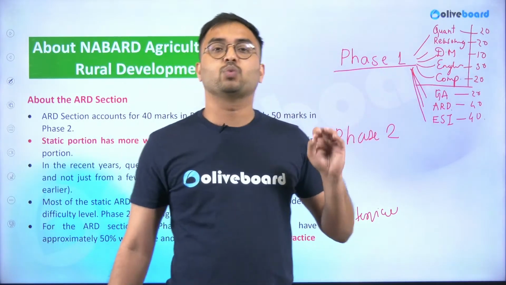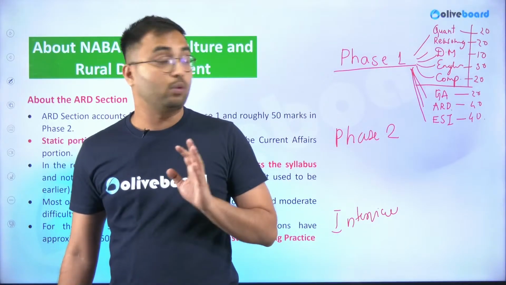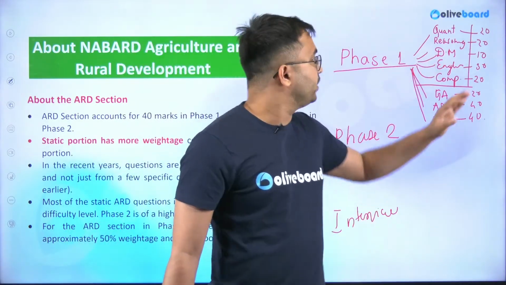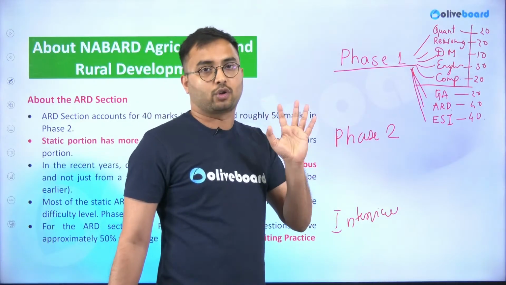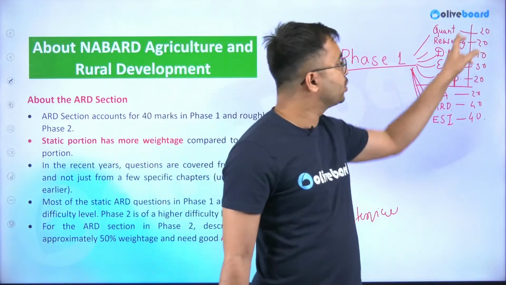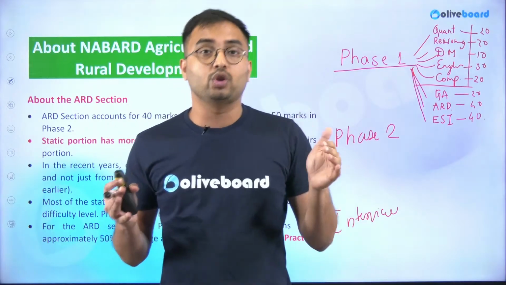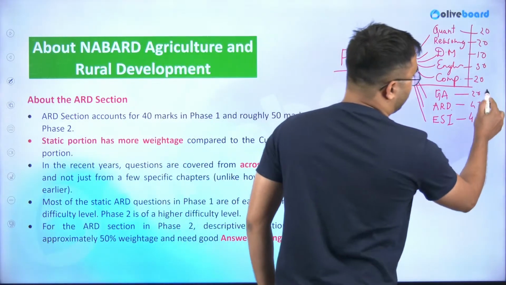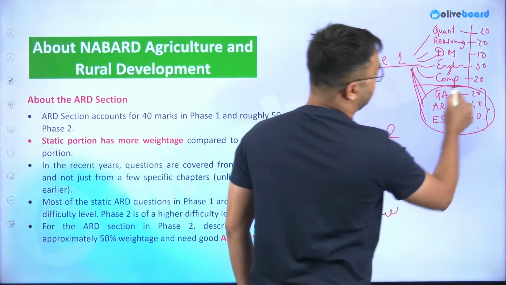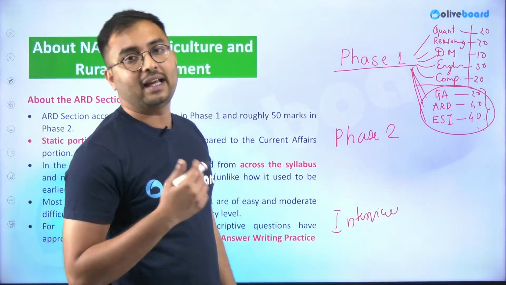Similarly, the quant cutoff was just 1.5 marks out of 20 marks. So here you just have to clear these sectional cutoffs. Your overall marks will not be considered when the total overall cutoff is there. The total overall merit cutoff will be of only these 3 subjects: GA, ARD and ESI.